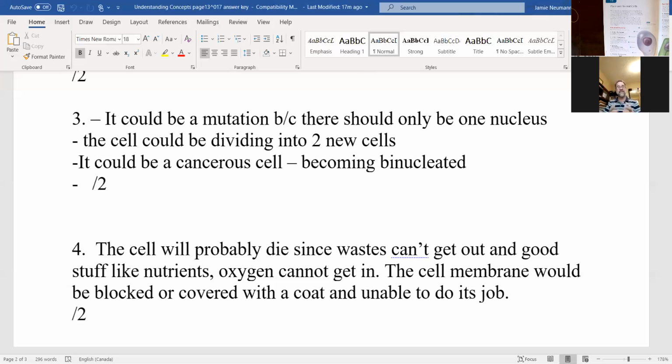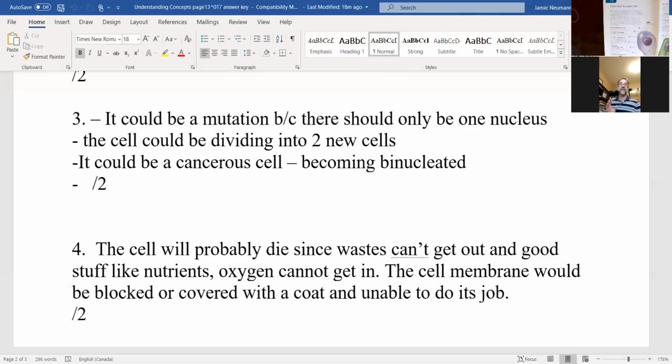A cell that is binuclear has 2 nuclei, which is not good because it is normal for a cell to have 1 nucleus. Or it could be some kind of mutation caused by radiation or environmental factors. Those are all reasons why you could have 2 nuclei. But what I was looking for was the idea that it's not normal.